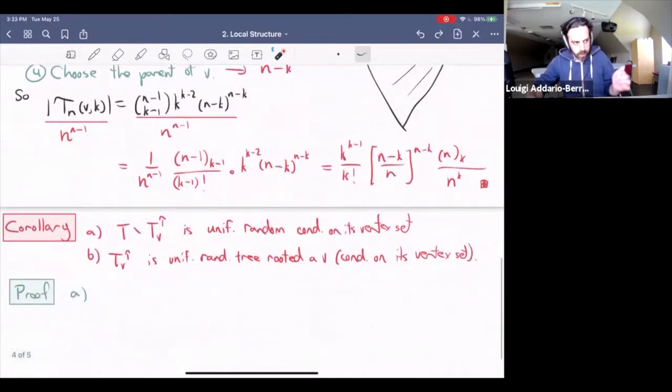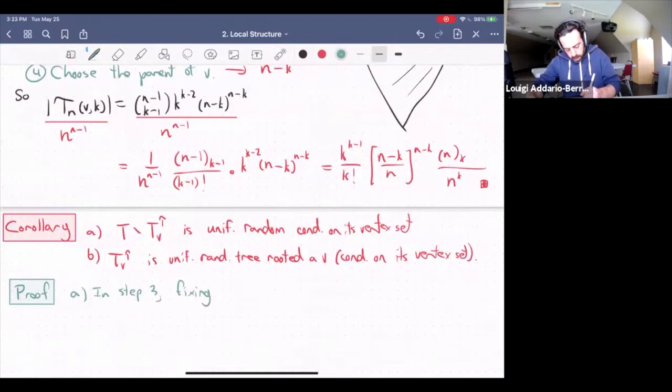So that's saying in step 3, if I fix the tree t minus tv up arrow, that just removes a factor (n minus k) to the n minus k minus 1.